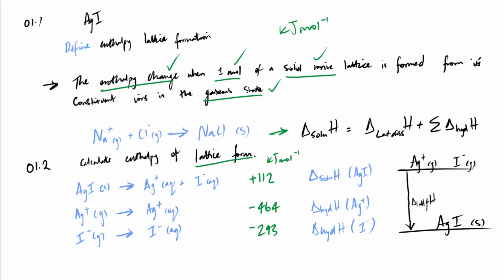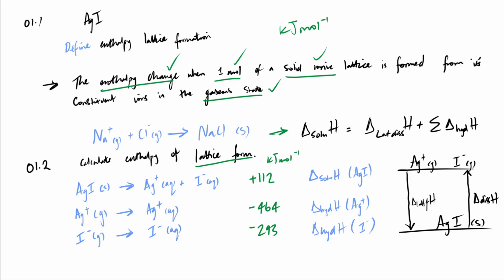If we go in the opposite direction, we have our dissociation, breaking up that solid lattice, and it's going to be endothermic because we've got a positive arrow here.